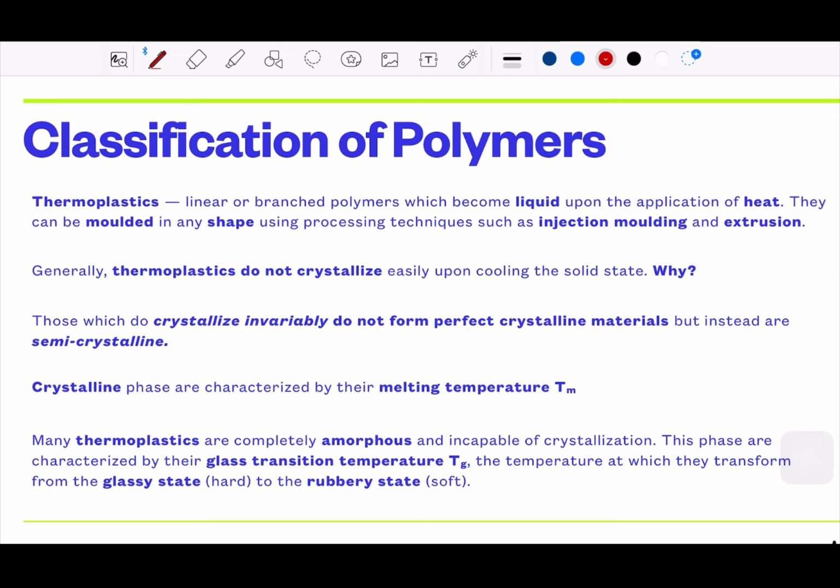If you buy a thermoplastic from the market or from a supplier, you will usually be given pellets, and we put the pellets into a processing machine. We increase the temperature, and then we can mold the polymer. That's what thermoplastics are.